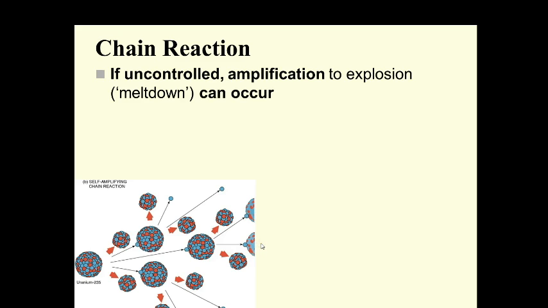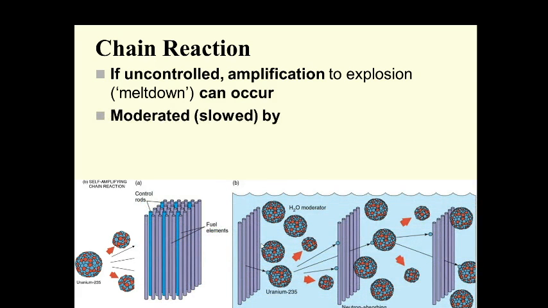Okay, well, I split this uranium nucleus. I get neutrons out. Those go off and split more nuclei, creating more neutrons, and so on and so forth. If you do not control this process, it escalates big time and leads to an explosion or a meltdown of the reactor. So we have to put something in the reactor to slow the reaction.